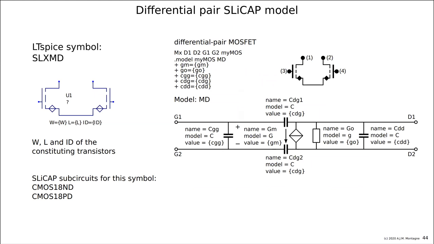And that is why we introduced this model in SLICAP. You see, there is now only one control source in the device. Assuming, of course, that both transistors operate at the same operating point. So this is the story about the differential pair.